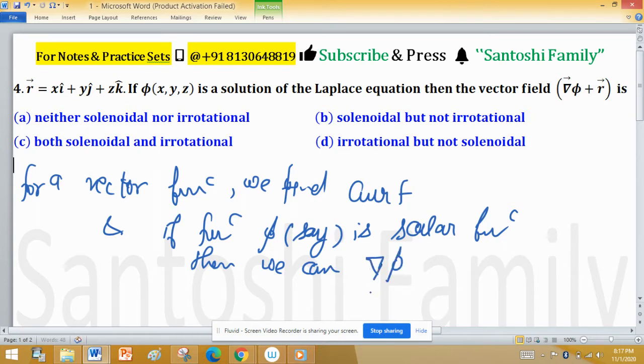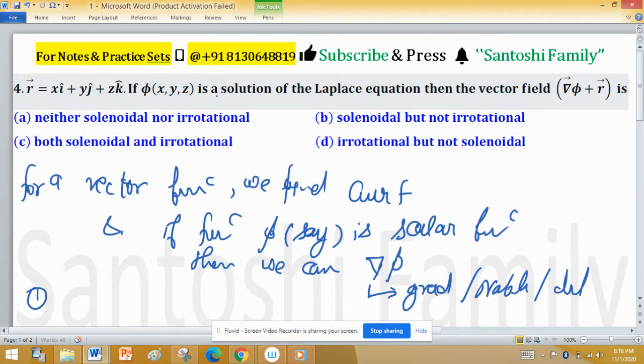This is the operator grad, nabla, or del. We use three types of terms: gradient, nabla, or del, which is the differential operator of a scalar function. Now we have to remember a few points.